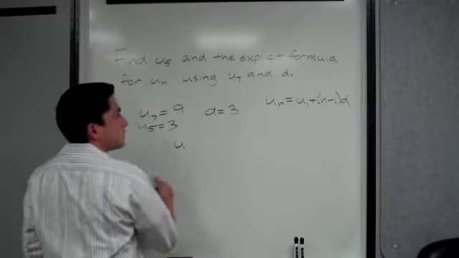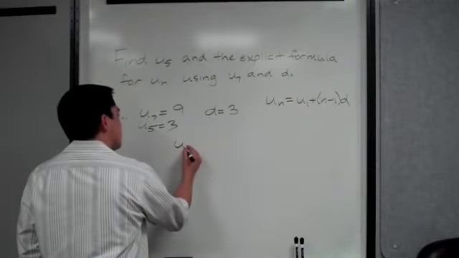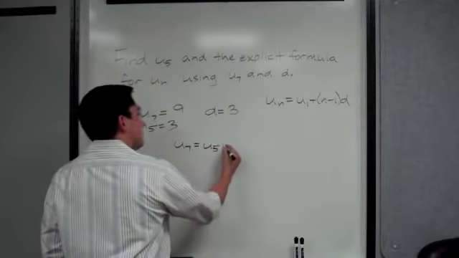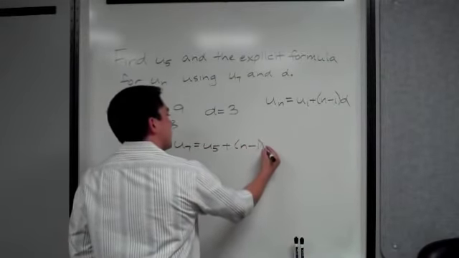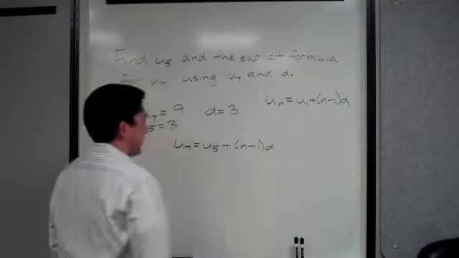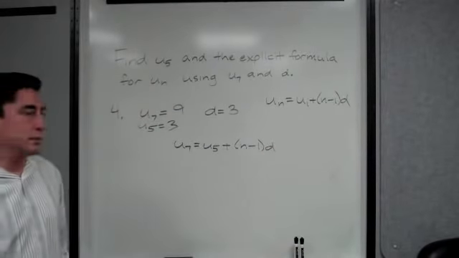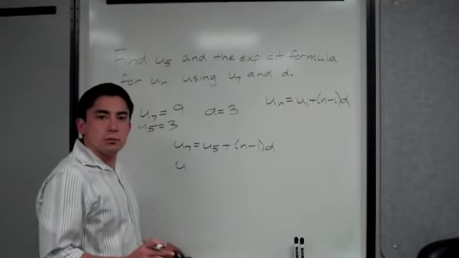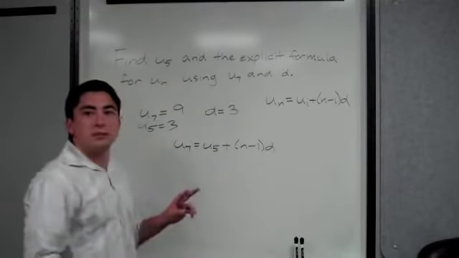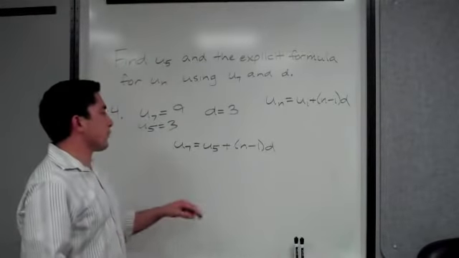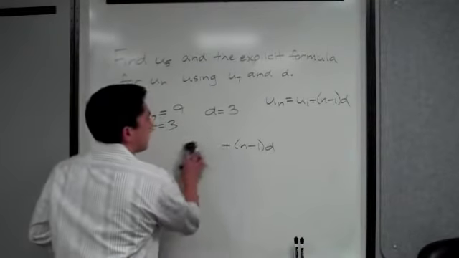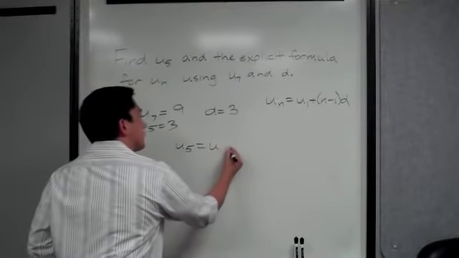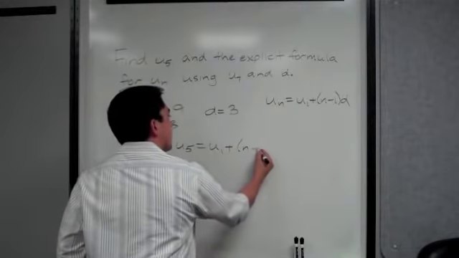So if we had u sub 7 is equal to u sub 5 plus n minus 1 d, okay, let's plug some of those values in. We can use this information now to find our first term, okay? Now what we're going to do is say u sub 5 is equal to u sub 1 plus n minus 1 d.